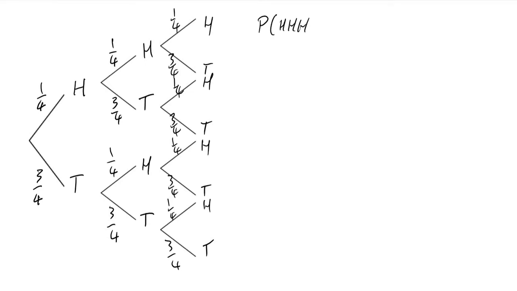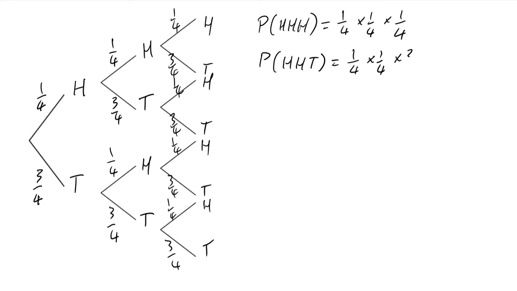So the probability of 3 heads is equal to 1/4 times 1/4 times 1/4. The probability of heads on the first 2, followed by tails, is 1/4 times 1/4 times 3/4. If we generalize that to look at the probability of 2 heads occurring, then we have multiple ways of that happening.